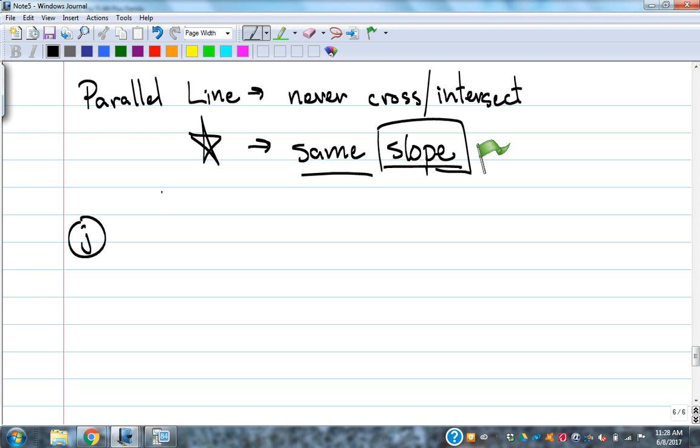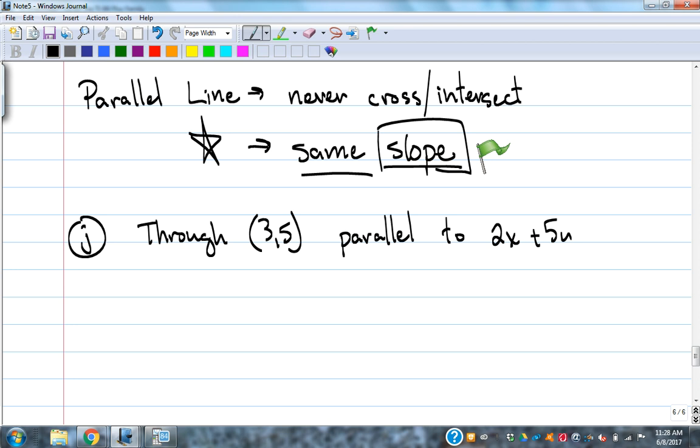If we want a line that goes through 3, 5 parallel to 2x plus 5y equals 4.